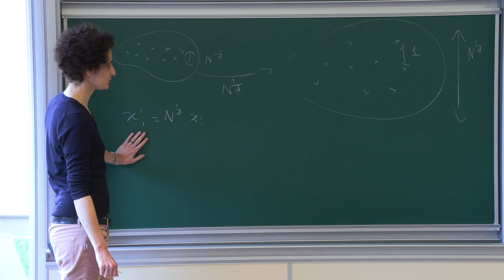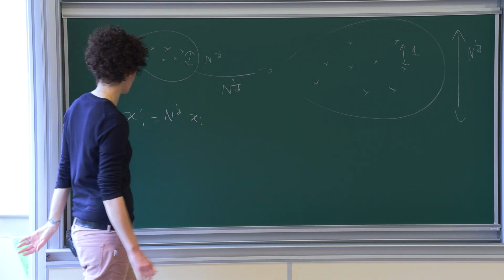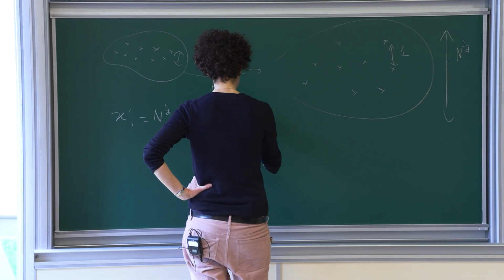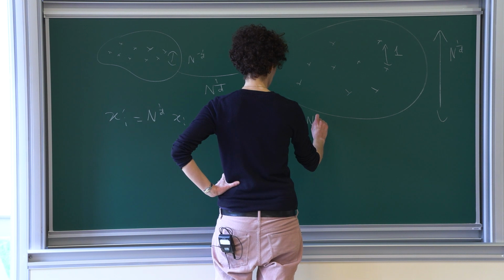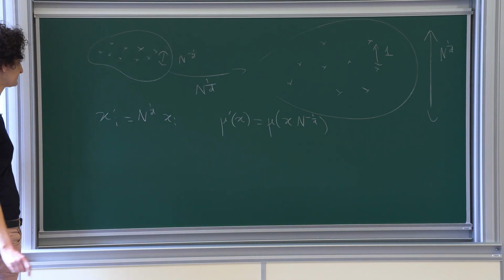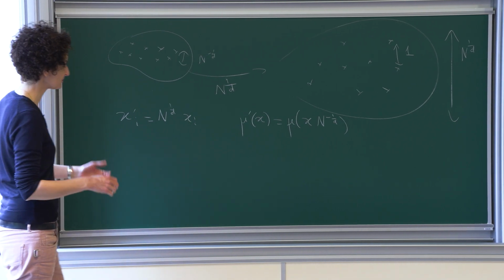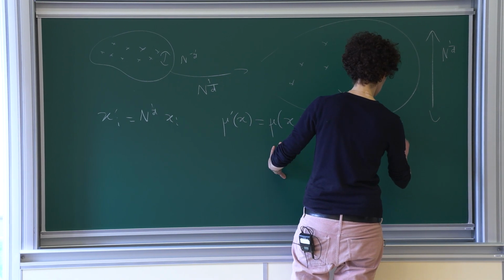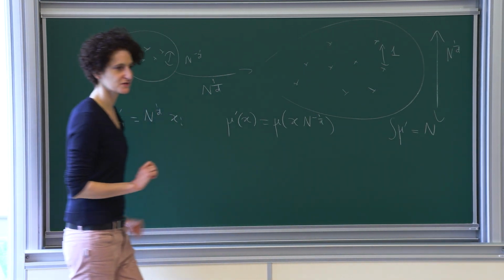Okay, so now I want to zoom my system. Assume the origin is in the set, for instance. And we're going to define a blown up measure as well, so mu prime. The only problem with mu prime is it's no longer a probability. It has integral n with the way it's scaled.